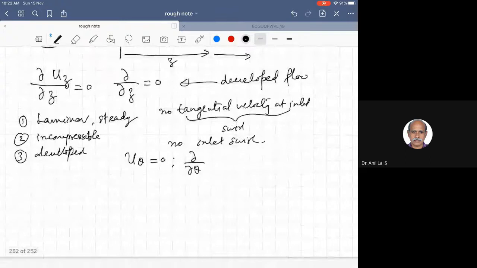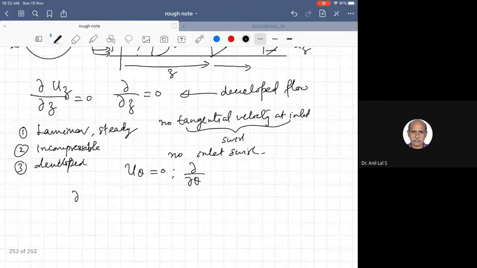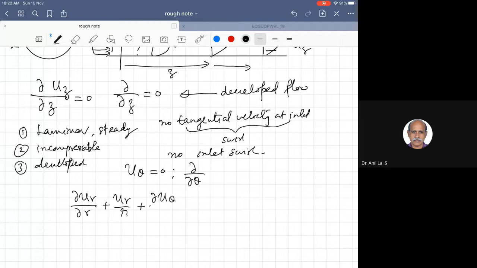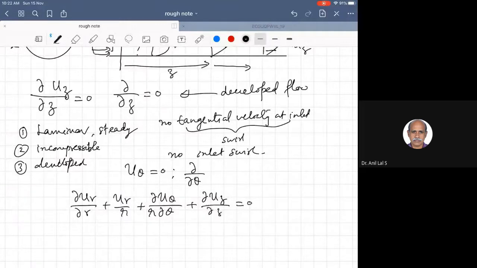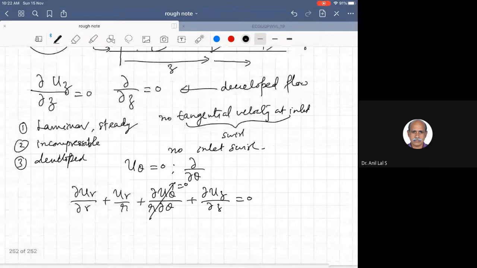So the continuity equation is dou u_r by dou r plus u_r by r plus 1 by r dou u_theta by dou theta plus dou u_z by dou z is equal to 0. In this, we already said u theta is equal to 0, so this term is 0.